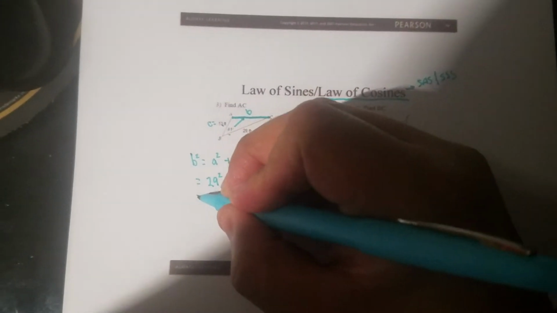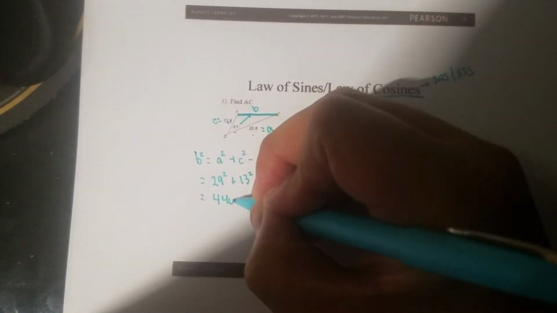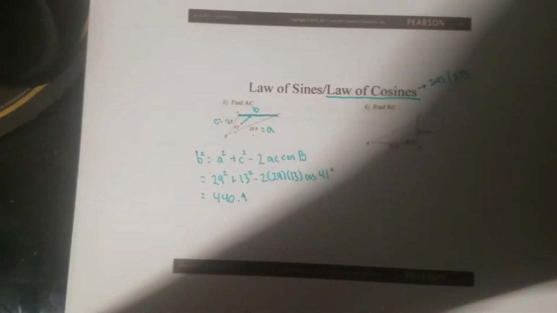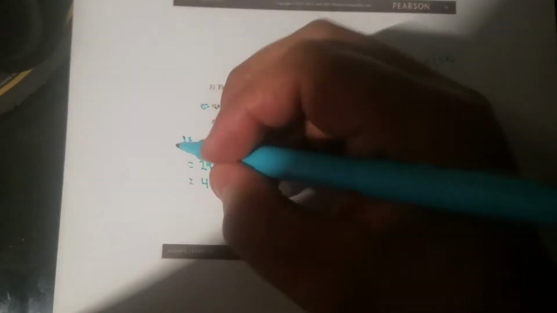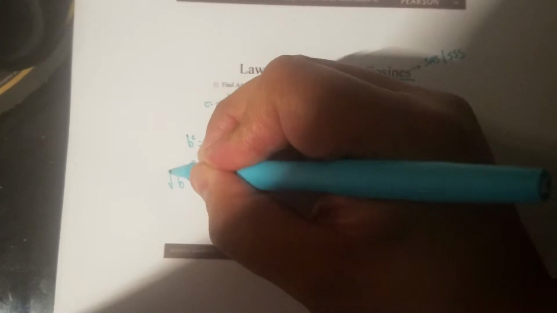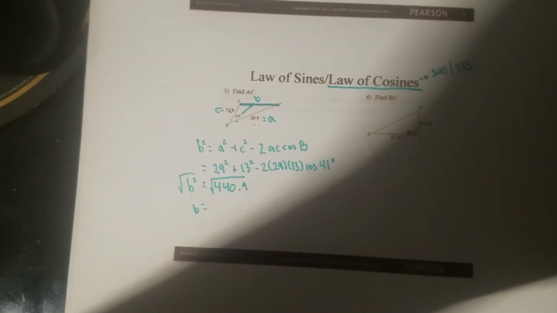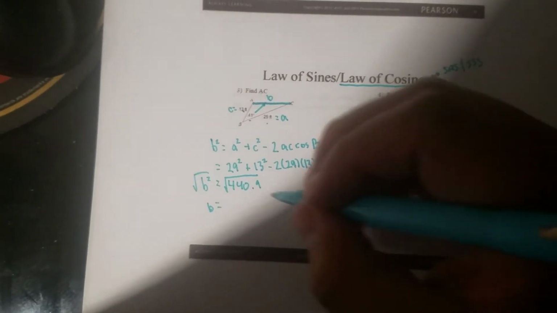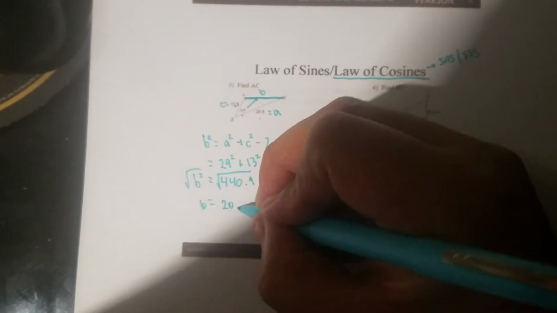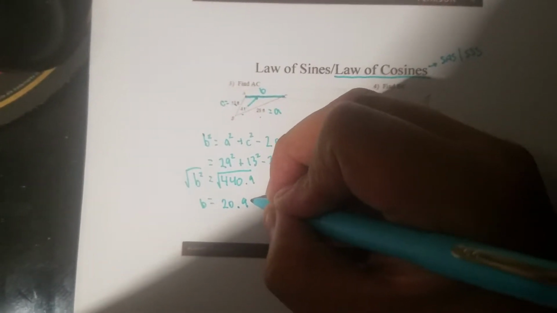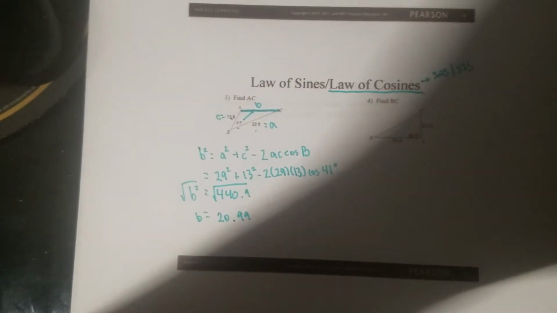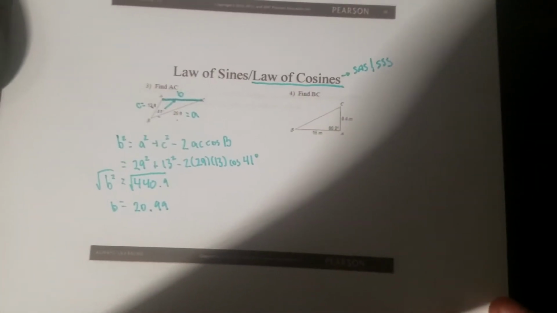So here it was 440.9, which is clearly a lot bigger than the other numbers, but remember this is b squared, so I'm going to take the square root, and I end up with 20.99 feet. Okay, so if you rounded to 21, that's okay.